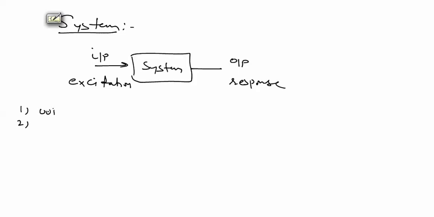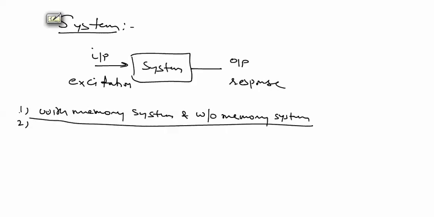With memory system and without memory system. The first classification of system directly relates excitation to response.